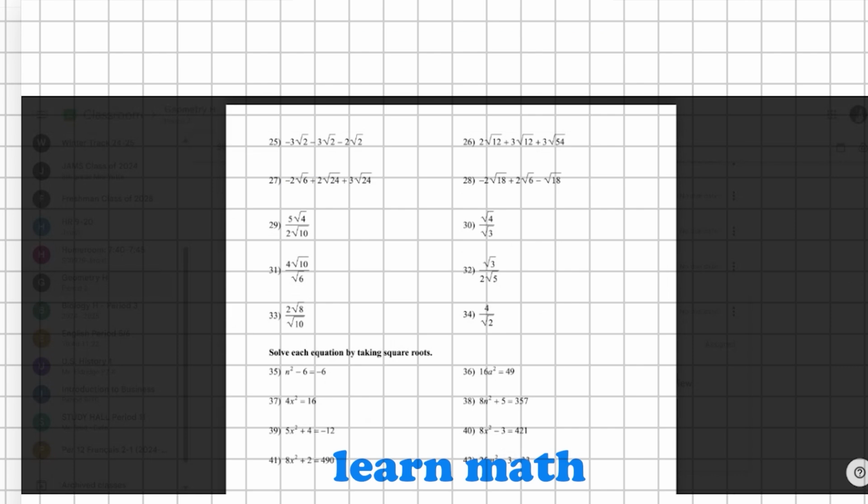So 2 and 2 cancel. So the answer is 5 upon root 10. Basically, if you simplify root 10 upon 2, rationalize the denominator.